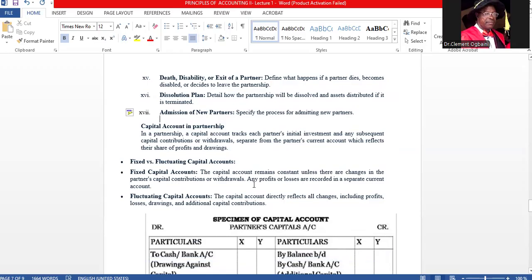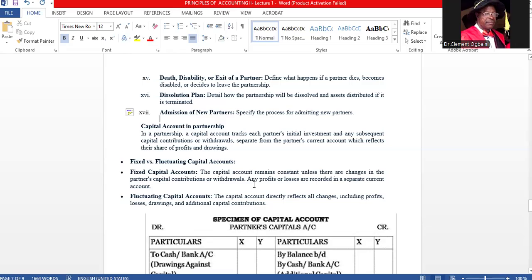But the fluctuating capital account is that when profit is made, it is added to the capital of the partner. When loss is made, it is deducted from the partner's account. So that is why we call it fluctuating, because if profit is made, the capital of the partner is increased. If losses are made, the capital of the partner reduces.